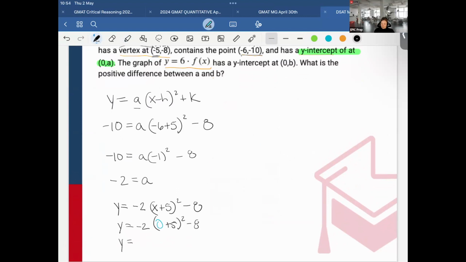So this would be y equals -2 times 5 squared, 25, minus 8. So this is positive 25 times 2, it'll be -58. That means the y-intercept occurs at (0, -58), and this correlates to my a value.